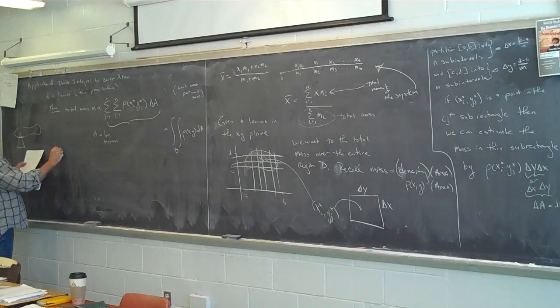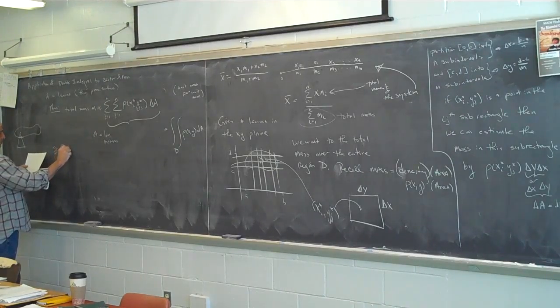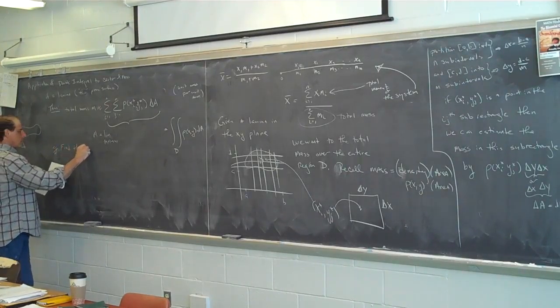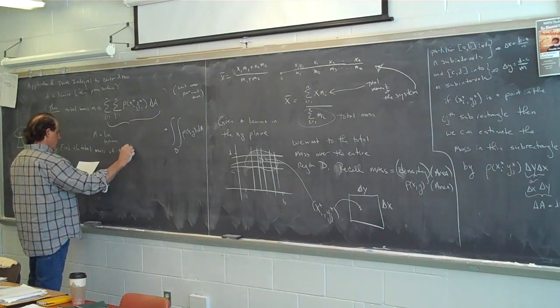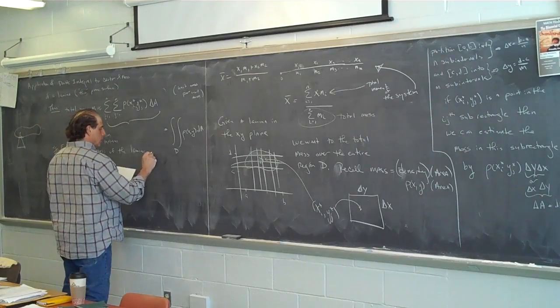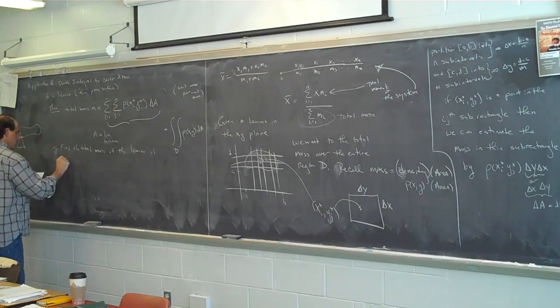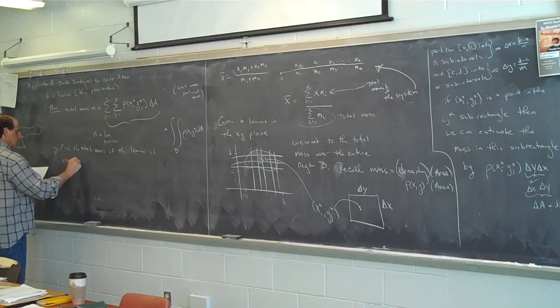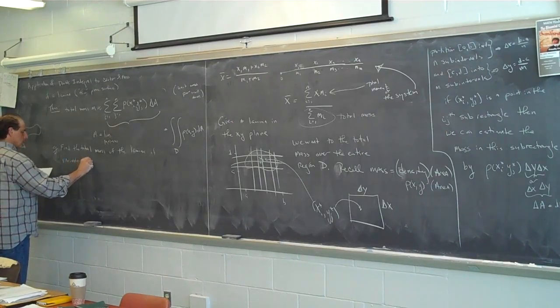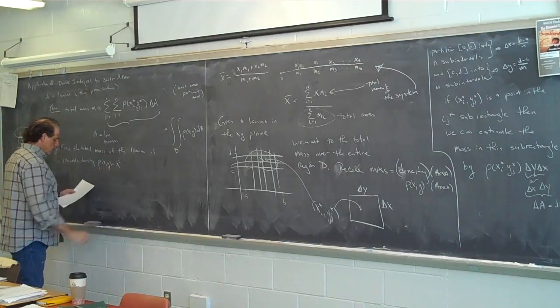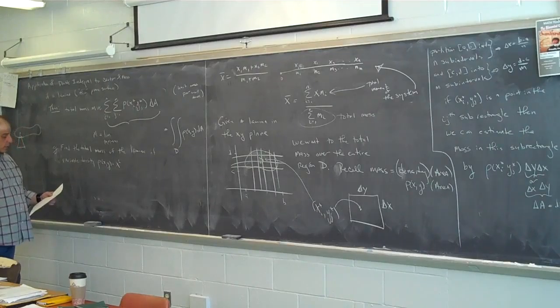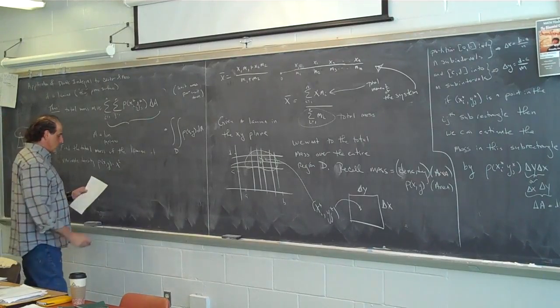Example 8. Find the total mass of the lamina of variable density rho of x comma y equal to x squared, and I've got written in here grams per square centimeter, but we don't need to say that.